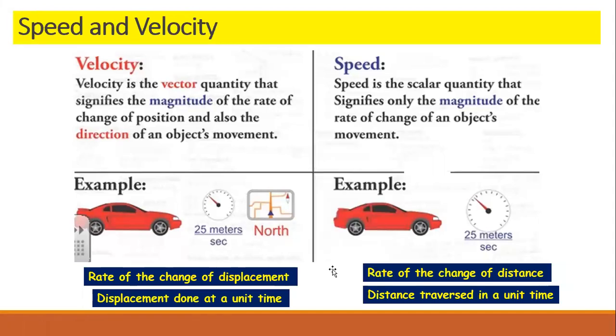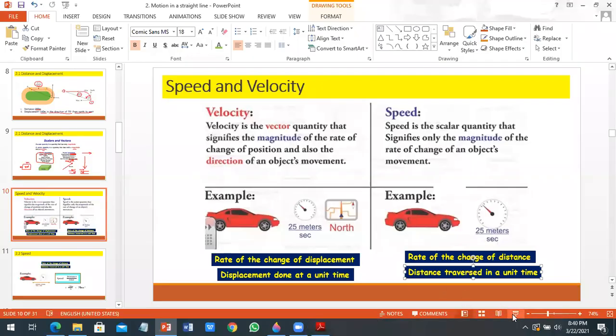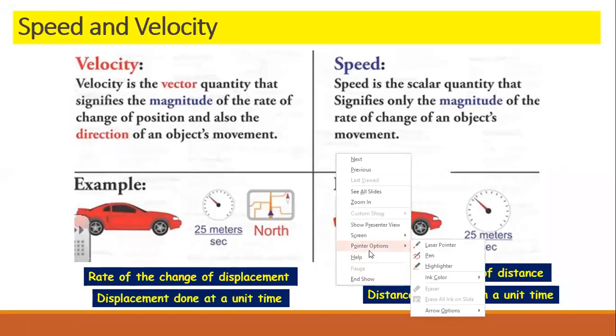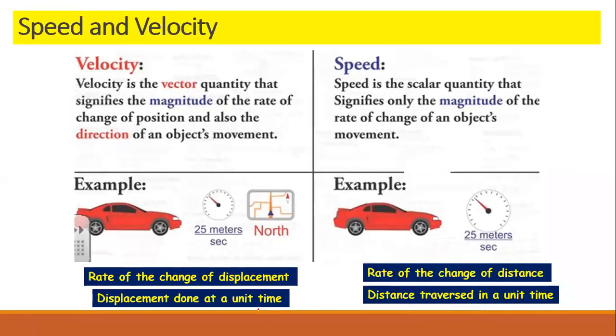If not, we can say it is the displacement done in a unit time. We are talking about a second here. We can say 25 meters per second or 5 kilometers per hour.